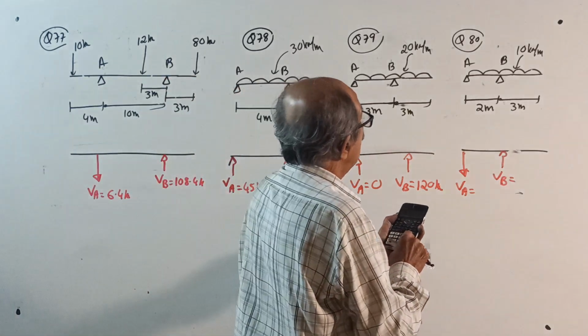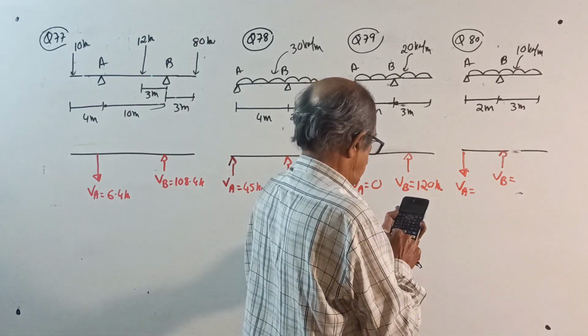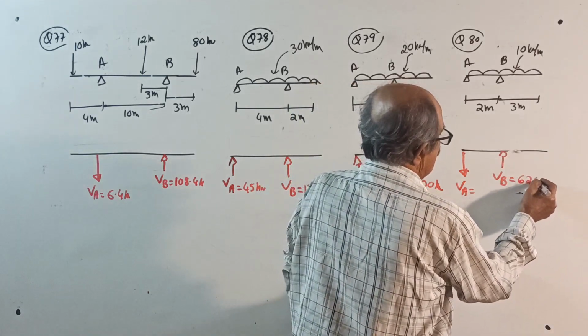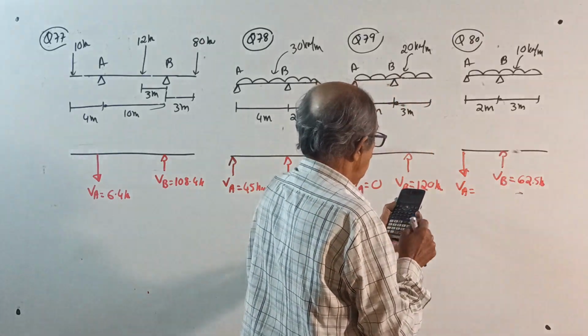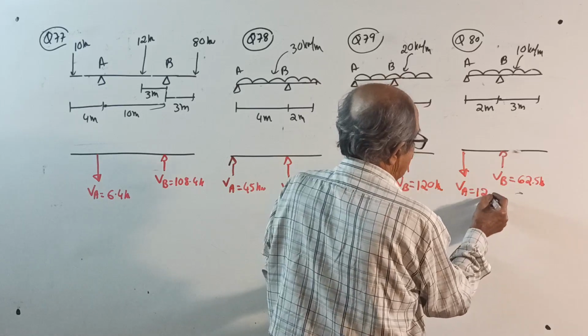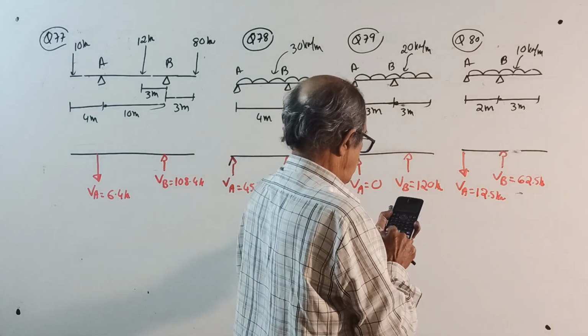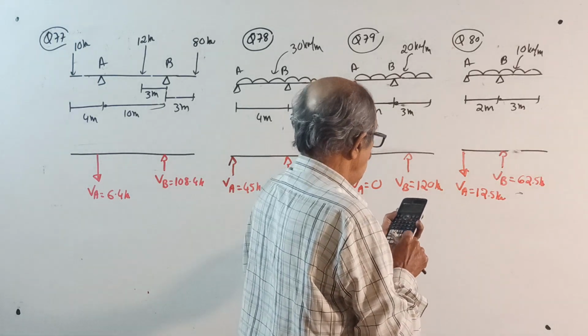Here, 62.5 kilonewton. 12.5 kilonewton. Perfectly correct.